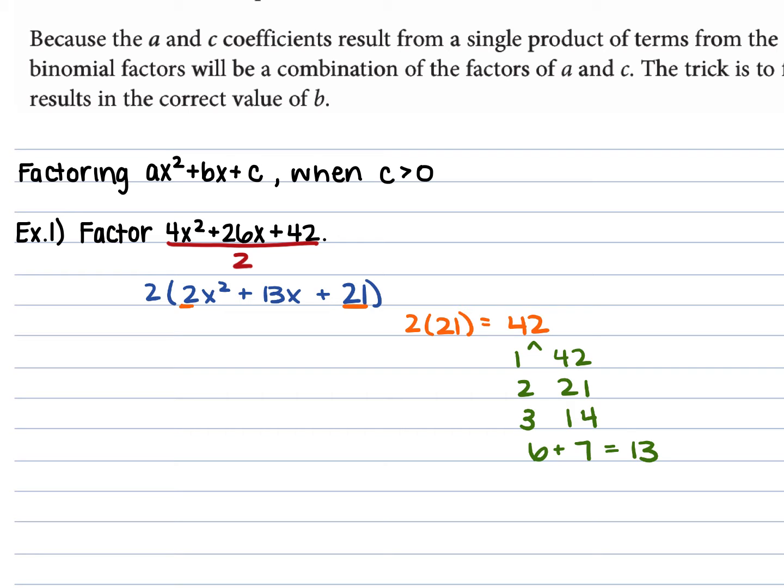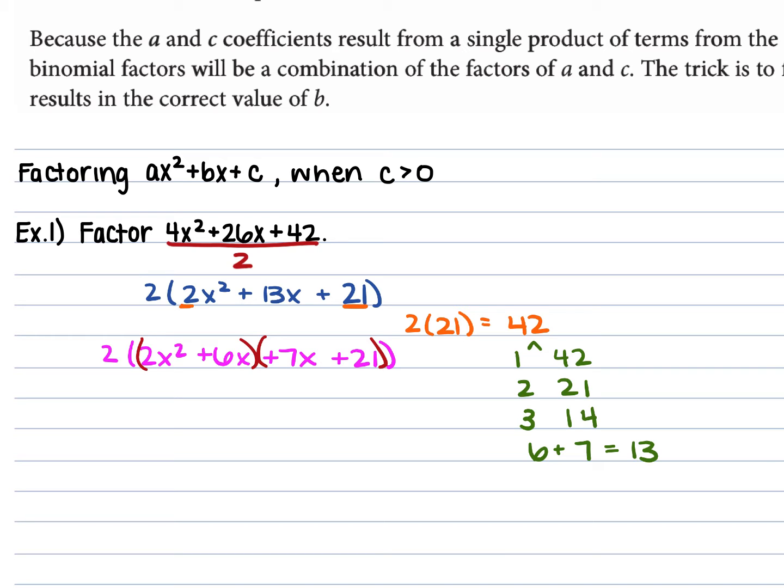So we are going to replace that 13x with the 6x plus 7x. So this is going to give us 2 times 2x squared plus 6x plus 7x plus 21. Because we have 4 terms now within those parentheses, we're going to factor by grouping. Put a set of parentheses around the first 2 terms, put a set of parentheses around the last 2 terms.